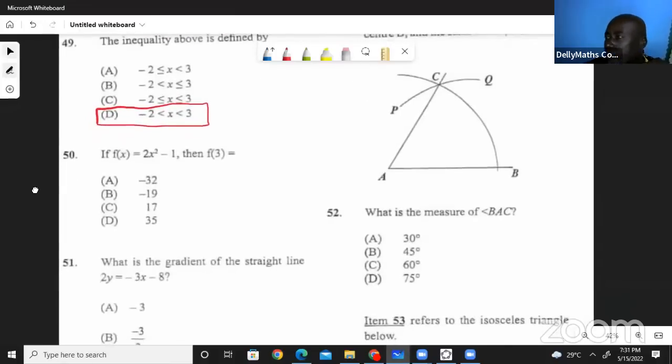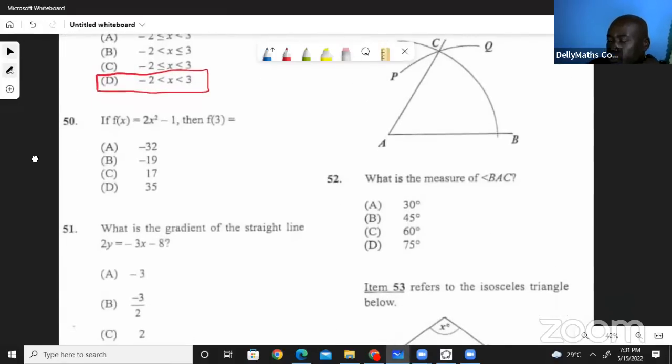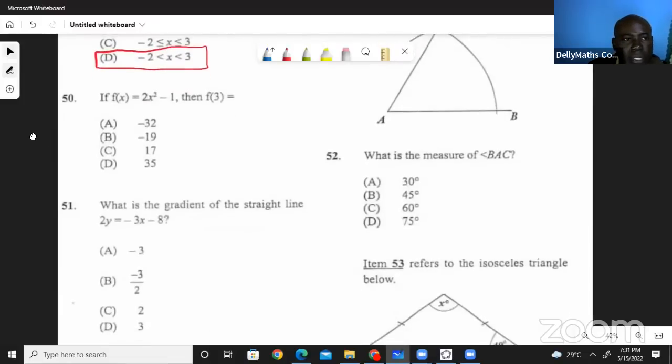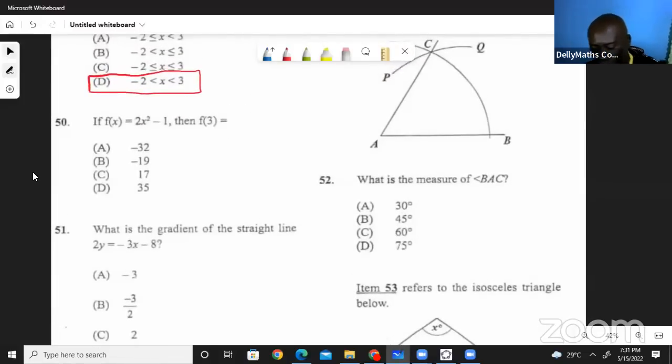All right, we're at question 50. It says if f of x is equal to 2x squared minus 1, then f of 3.